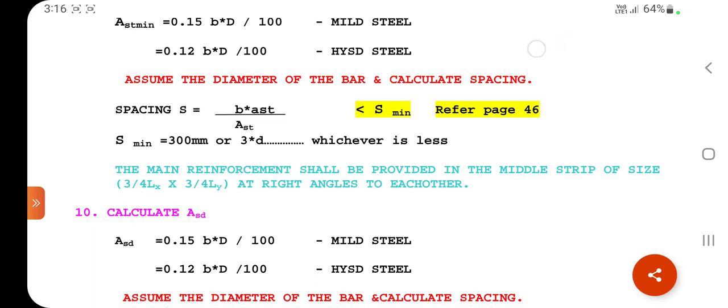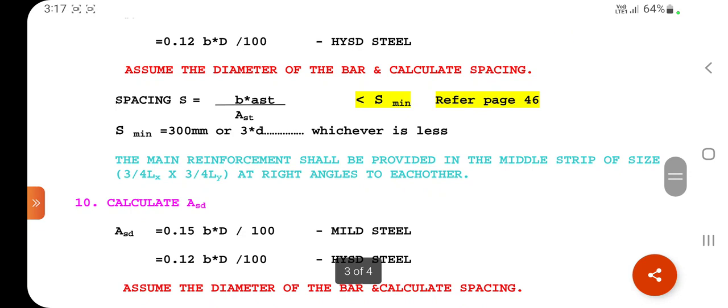Here we have to again see the note. The main reinforcement shall be provided in the middle strip of size 3 by 4 Lx into 3 by 4 Ly at right angles to each other.